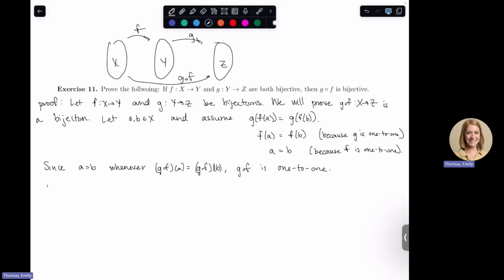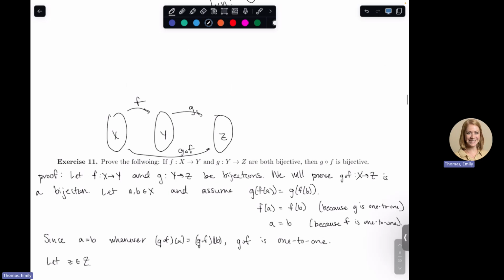We are going to let little z be an element in big Z, and we want to find its pre-image. But we just did this, right? Can I just say we just did it?